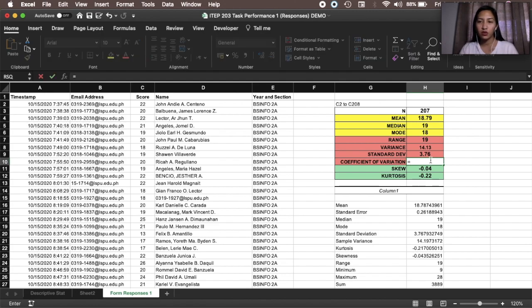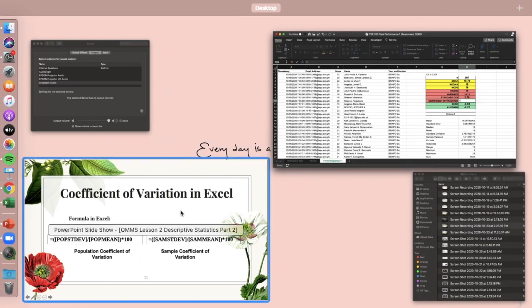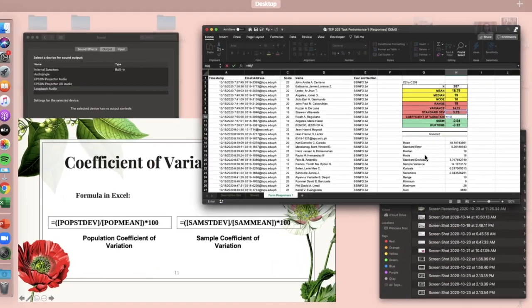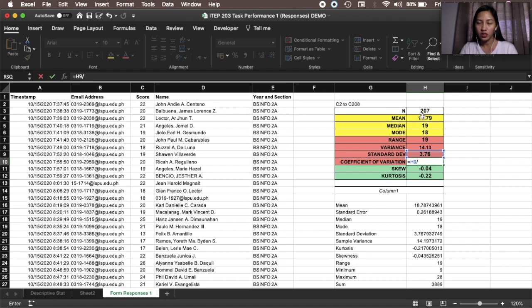So, ang kailangan mo doon is again, the standard deviation, which is ito, divided by the population mean, which is this one, multiply it by 100. So, that's 20.01064396. And I want to round this off into 2 decimal places. So, it's 20.01.